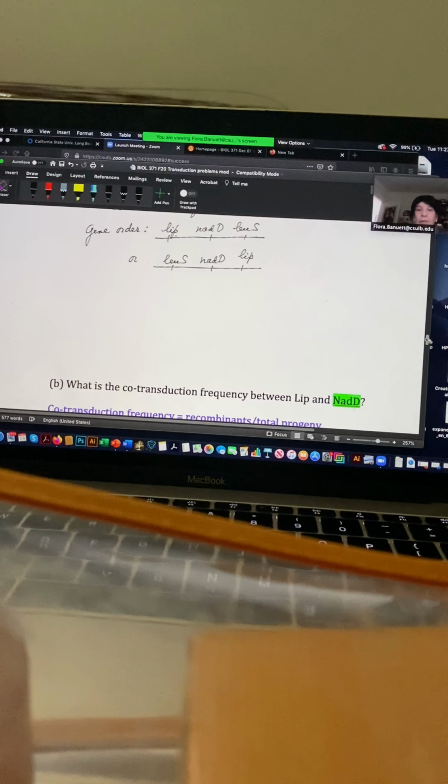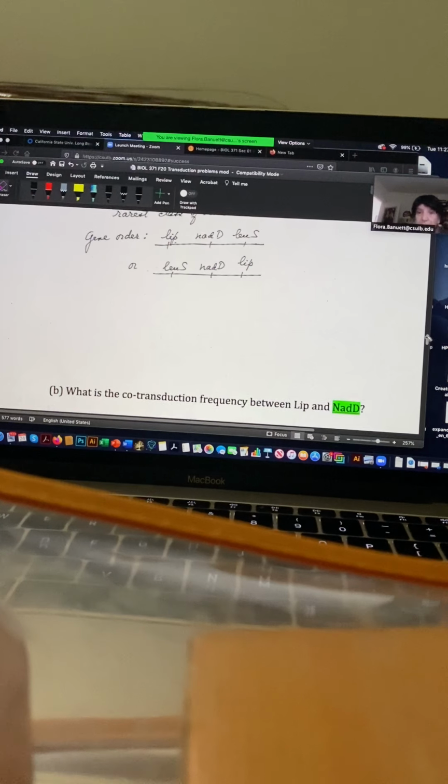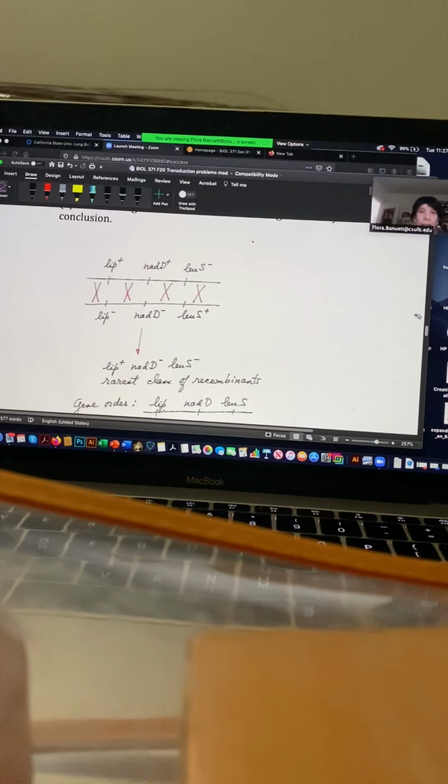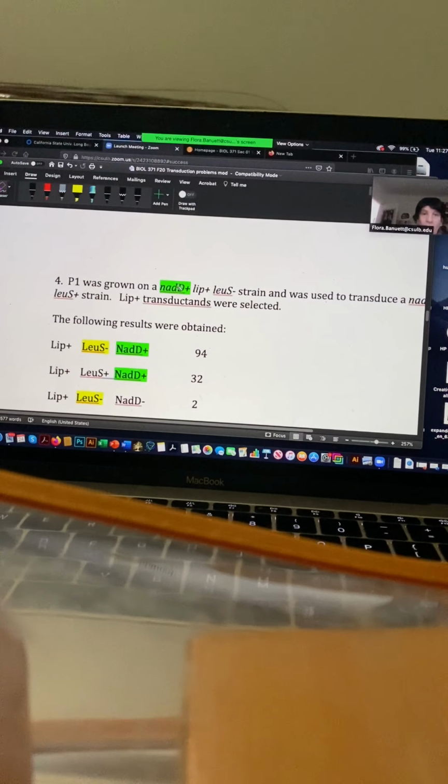Okay, so now what is the co-transduction frequency between lip and nad? So again, we have to go back to the donor. So it is nad plus. So you look here at the recombinants that have nad plus, there are 94 and 32.